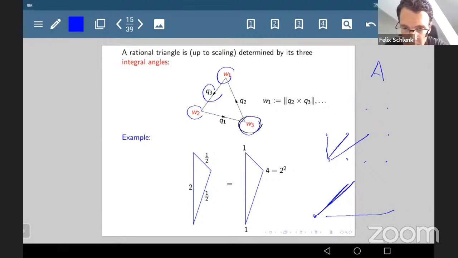This is the integral length. Okay? So what we do is I take here a vertex, and then for W1, I define it, I take Q2 cross Q3, it's the determinant, and then just the absolute value of the determinant.